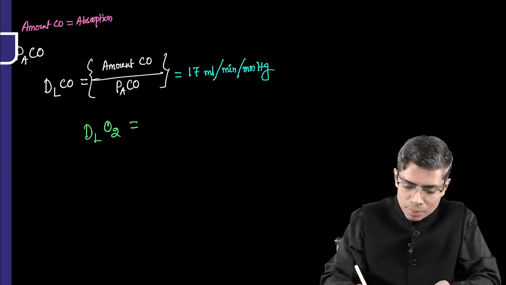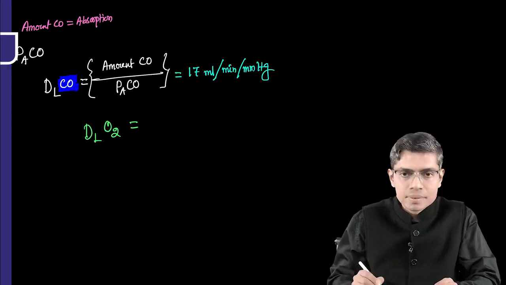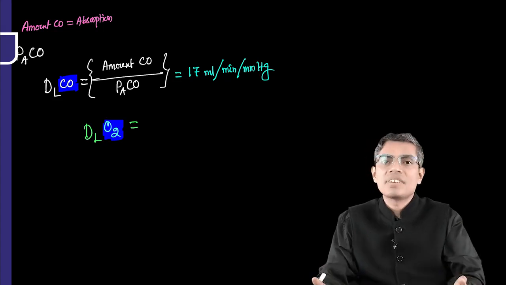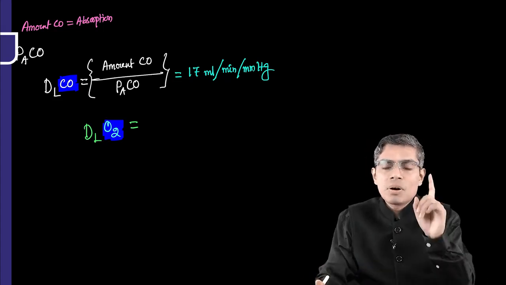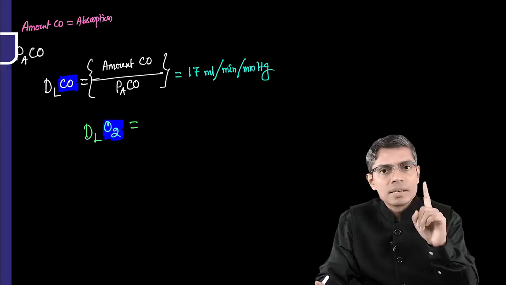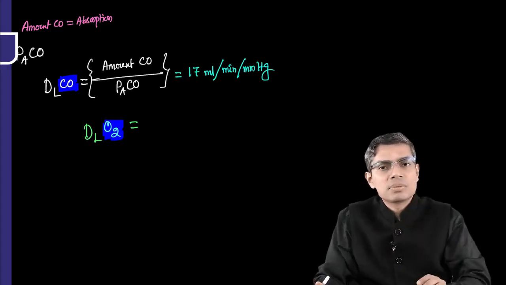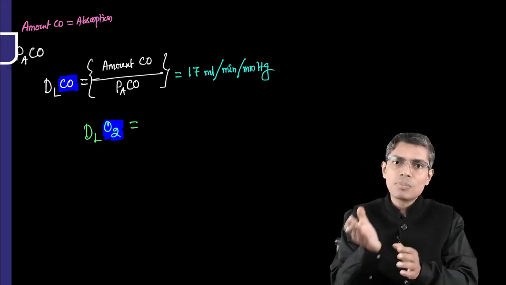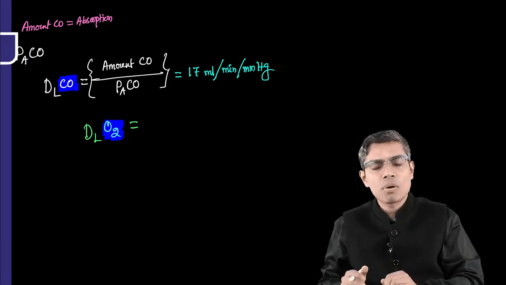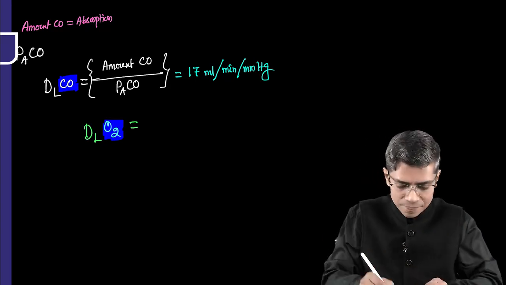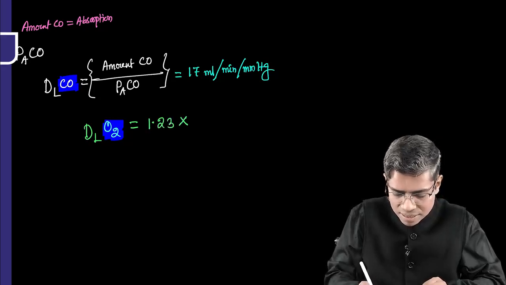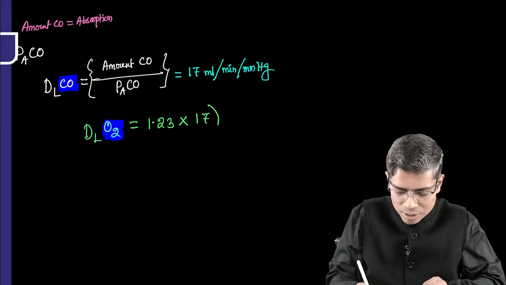With respect to carbon monoxide, I told you earlier that if the oxygen diffusion coefficient is 1, then the carbon monoxide diffusion coefficient is 0.81. So oxygen diffusion is 1.23 times faster than that of carbon monoxide.